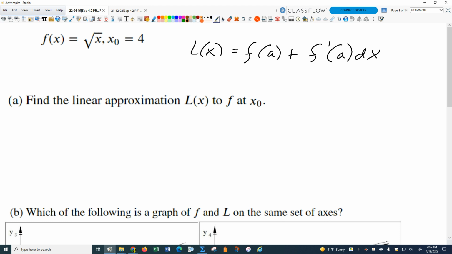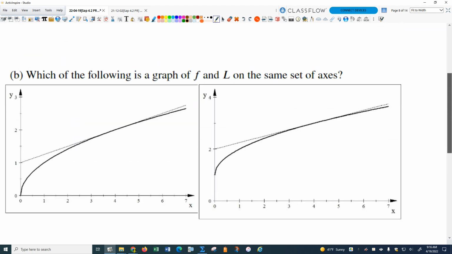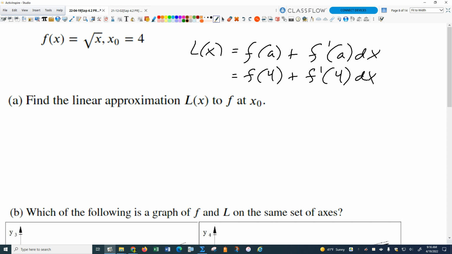Okay, now what's our value of a here? 4, okay? So this is just equal to f of 4 plus f prime of 4 dx. Okay? And we want to plug in a value here soon. Like we'll pick something like 4.1 or 3.9 or something and see how well we do, okay?